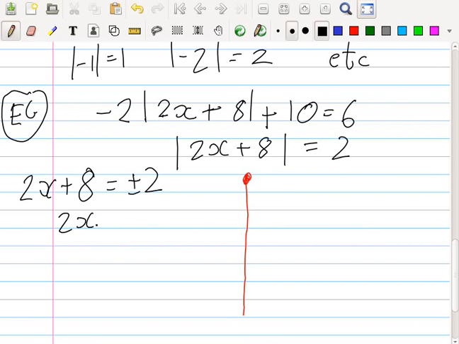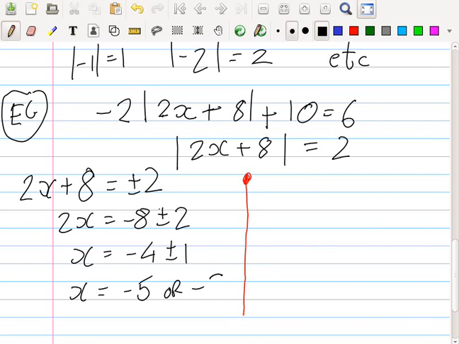So you get 2x equals minus 8 plus or minus 2. So you get x equals minus 4 plus or minus 1. So you get x equals minus 5 or minus 3. So that'd be one way to solve it.